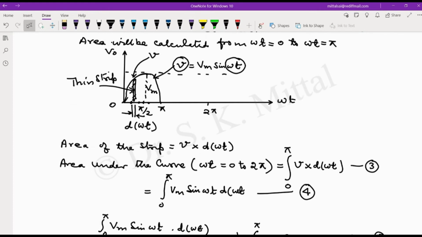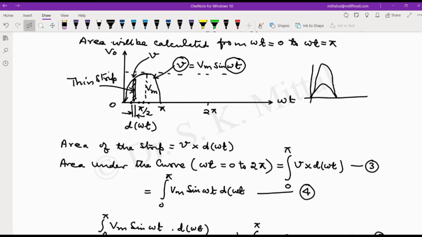That means the voltage curve is squared. So the output will be like this. If this is the curve and it is to be squared, then the squared value will be like this.